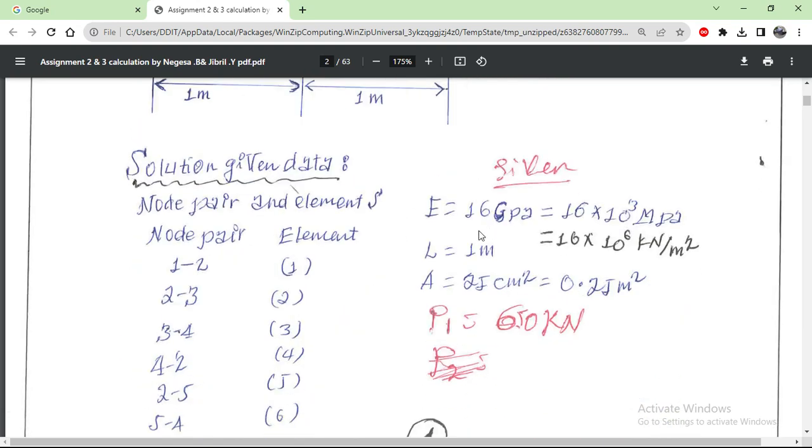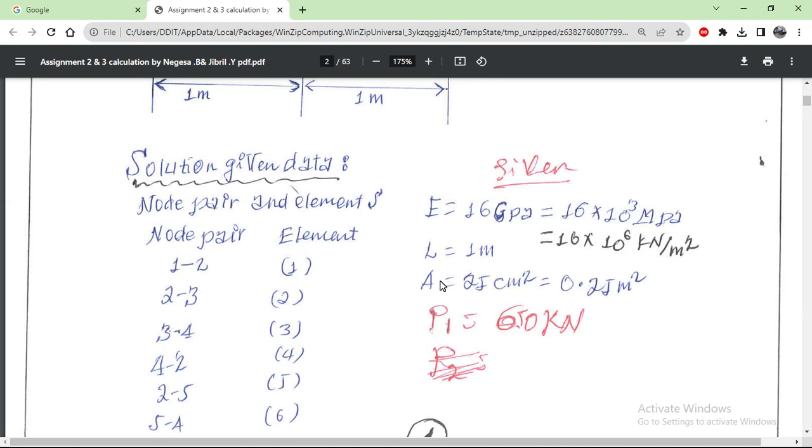The other given is the Young's modulus of the wood material, 16 gigapascals. Because the lengths are given in meters and the length is 1 meter, we should convert gigapascals into kilonewtons per meter squared.